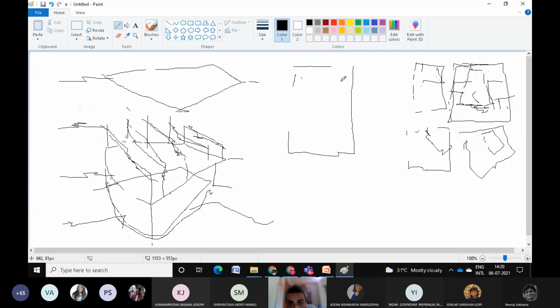Columns are not at the end. Why? Because this part of the strip, on either side of the column, is a pretty wide strip in which the reinforcement is extensive.